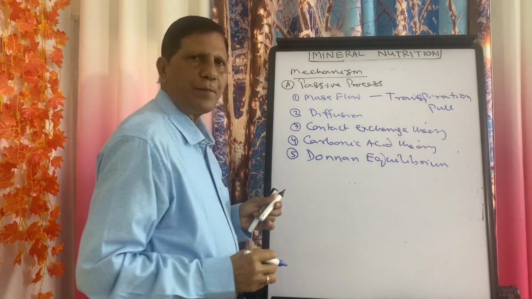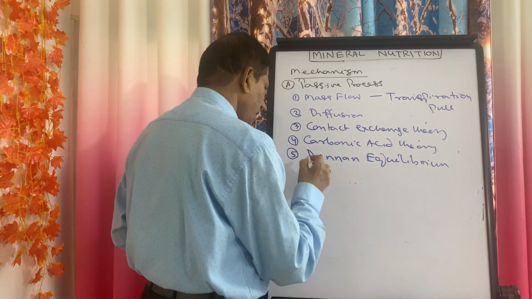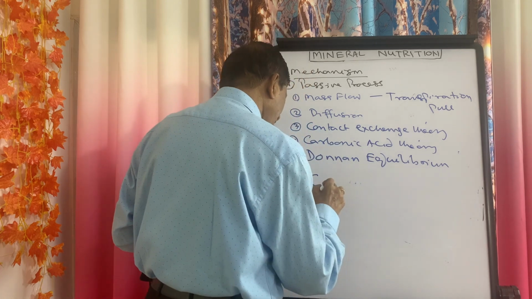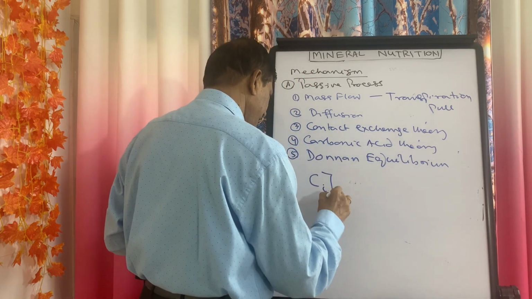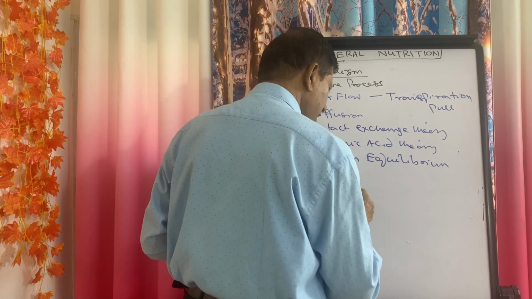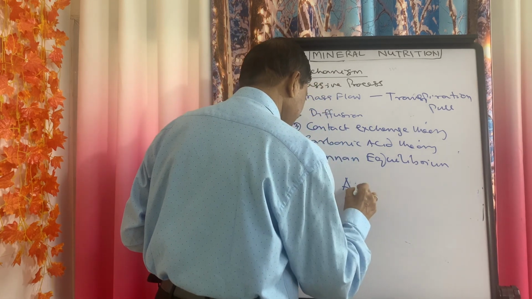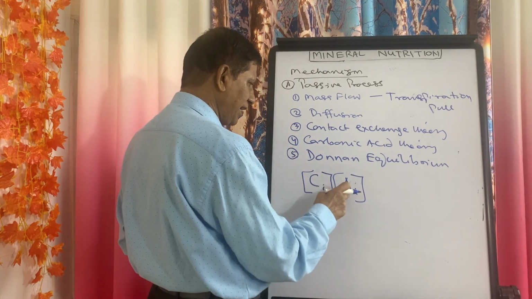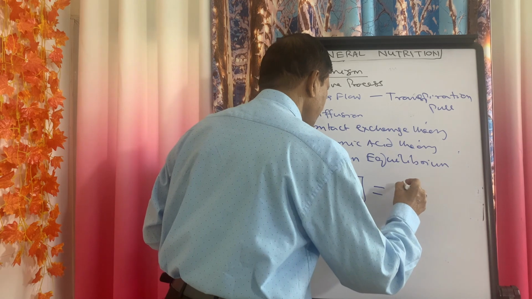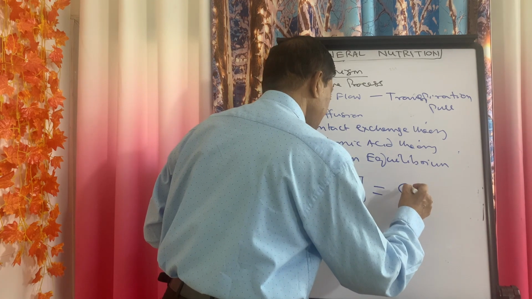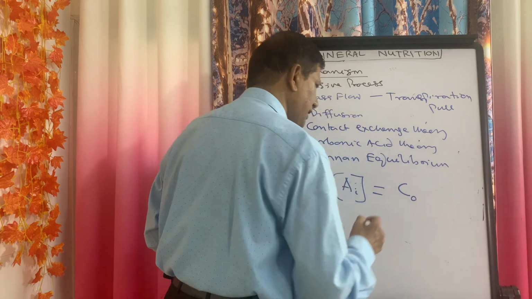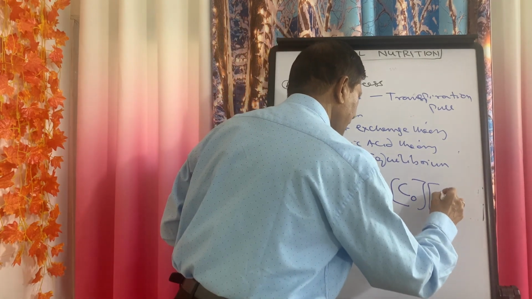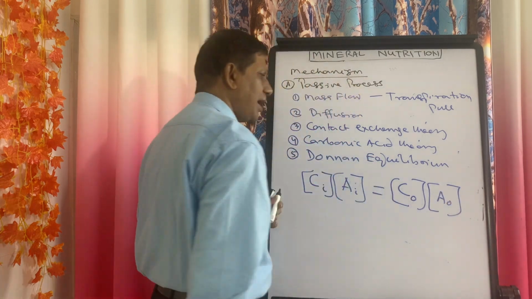In Donnan equilibrium, the concentration of cation inside the cell and concentration of anion inside the cell, I means inside, is equal to the concentration of cation outside the cell, O means outside, and the anion outside the cell.